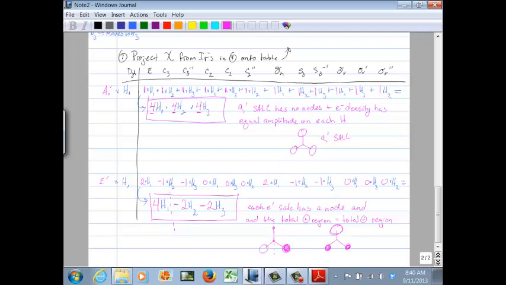Now, that's hard to find. There's two things that can help you. One is, remember that these SALCs were supposed to have matching symmetry to the px, this is px, and the py orbital on boron.